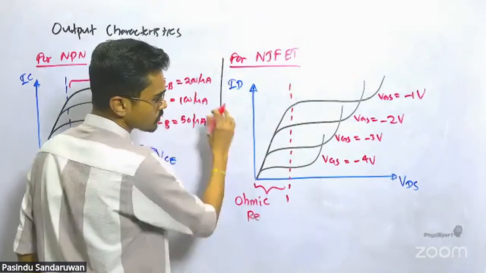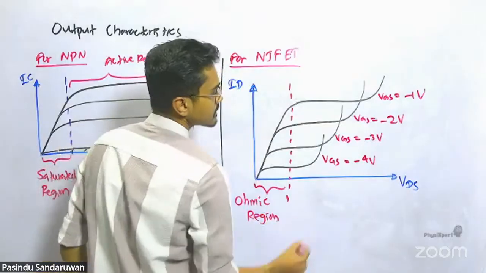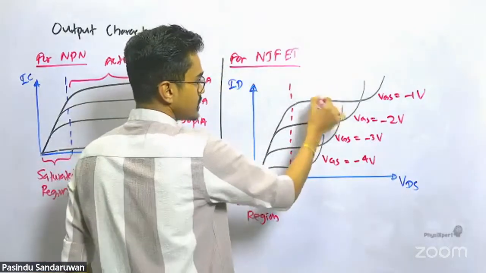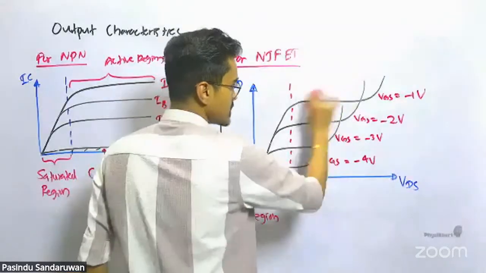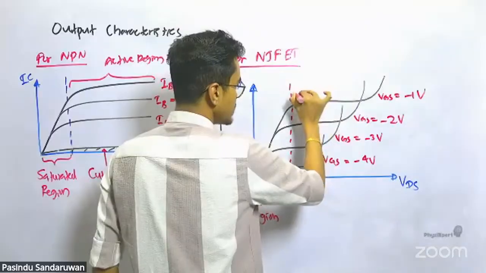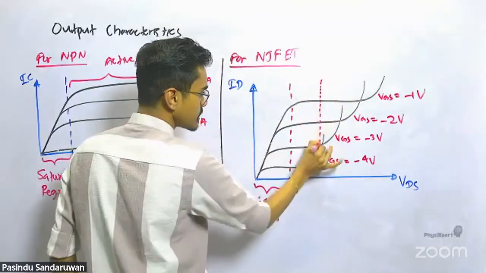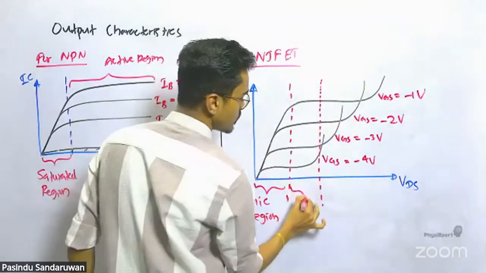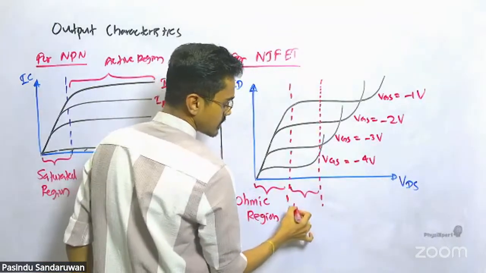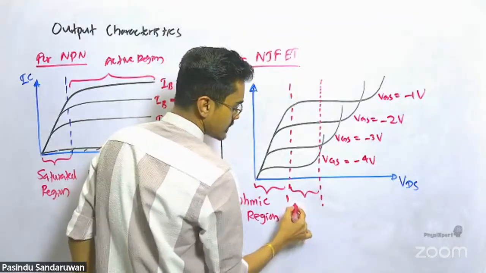V equals IR, V proportional to I: ohmic region. And here, this part works steadily. It is called the saturated region.